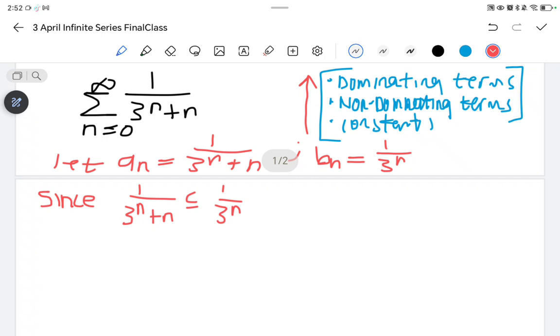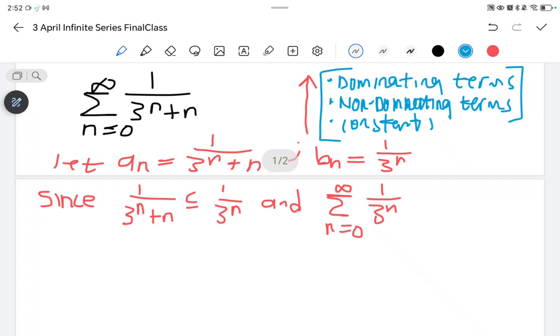You see, right? And then now we say we want to check whether b of n converges. The sum from n equals 0 to infinity of 1 over 3 to the n. So we want to check whether it converges or diverges. So the second question that comes in is, which test are we going to use? Now I come to tell you this.